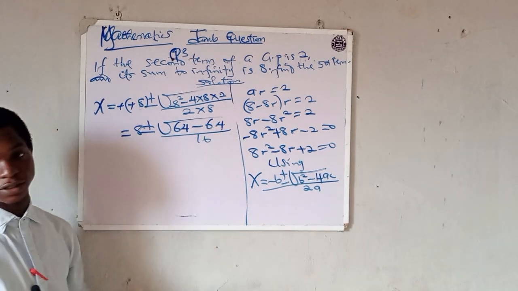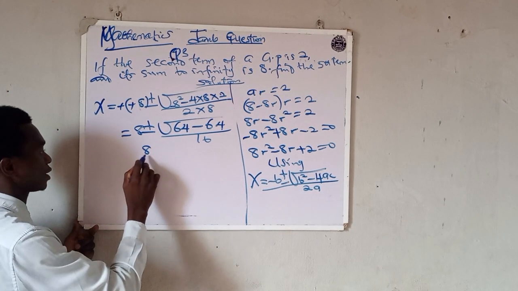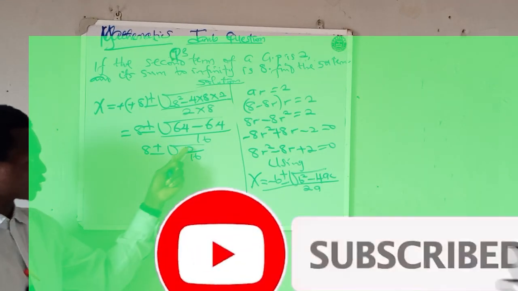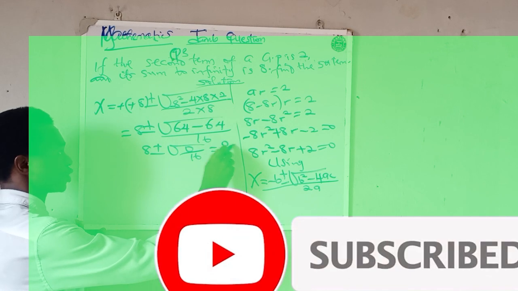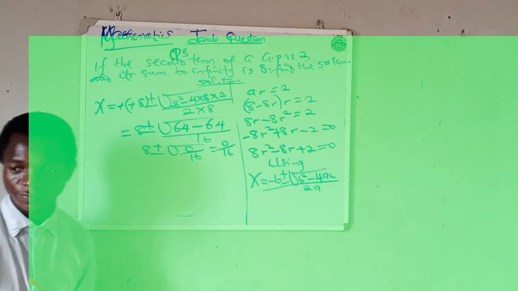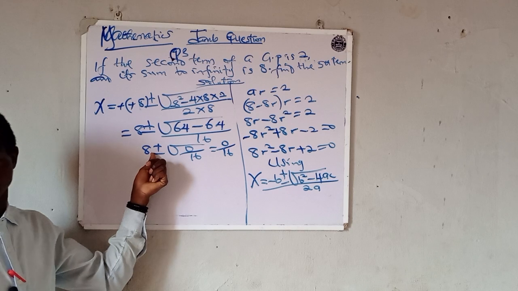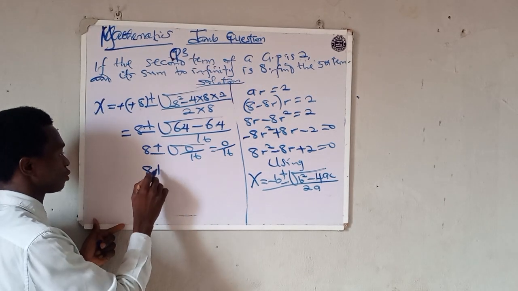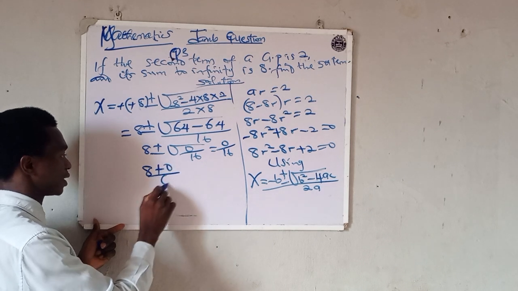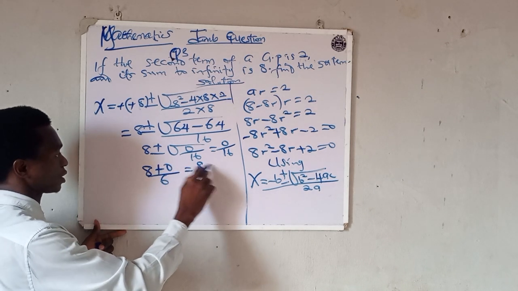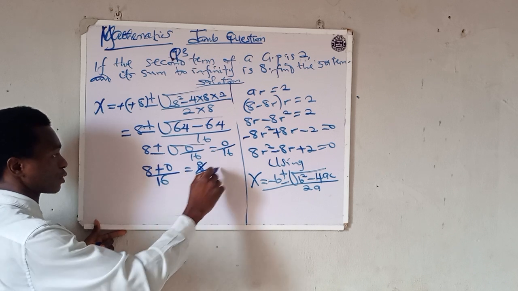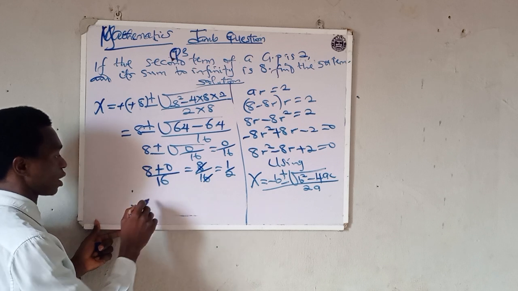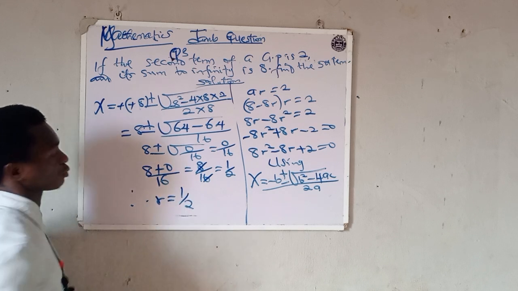If you take this from this, you have 8 plus or minus the root of 0 over 16, and the square root of 0 is 0. Next, separate your two signs, plus or minus, such that 8 plus 0 over 16 equals 8 over 16. 8 cancels itself 1, and 16 gives 2. Therefore, your r is equal to 1 over 2.